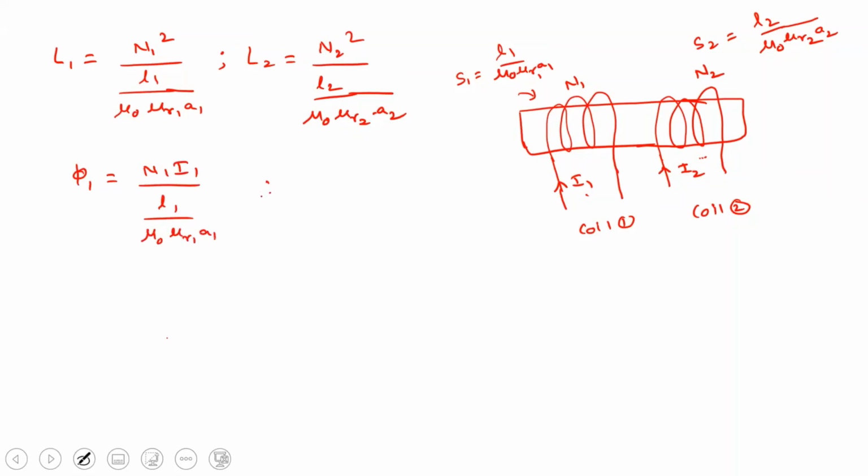Similarly, what is phi2? Phi2 is N2 I2 upon L2 upon mu naught mu R2 A2.